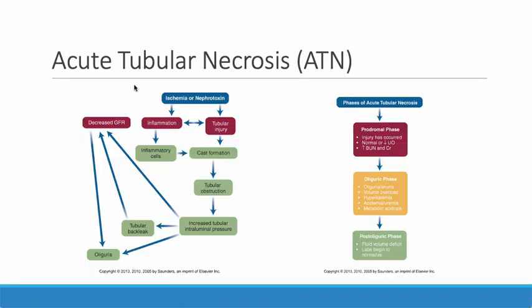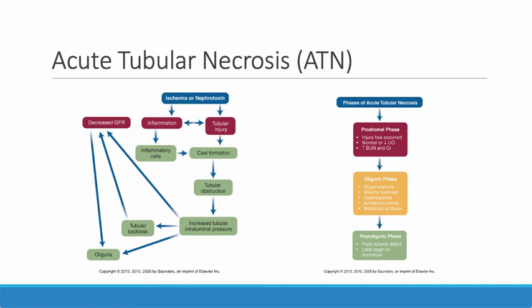ATN then is acute tubular necrosis, and it's exactly what it sounds like. Acute means it happens right now. Tubular means that it affects the tubules, the proximal convoluted tubule, the loop of Henle, the distal convoluted tubule, the collecting duct.